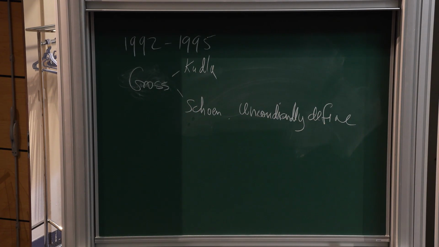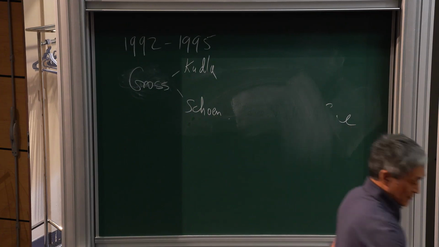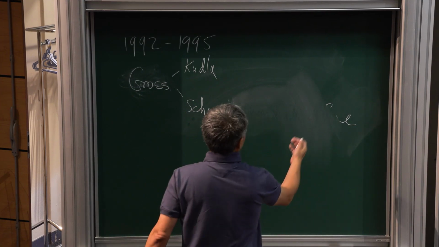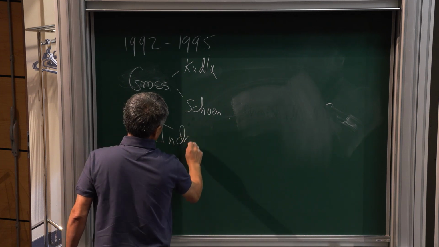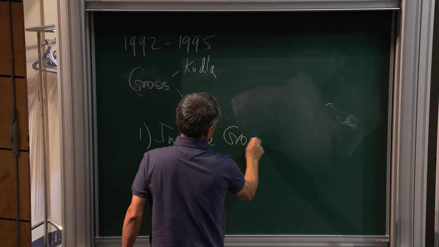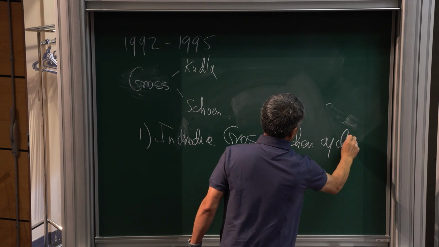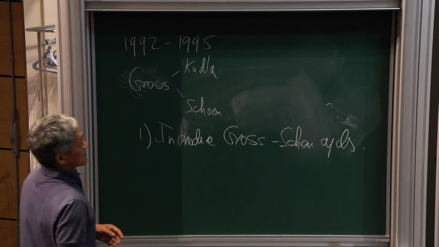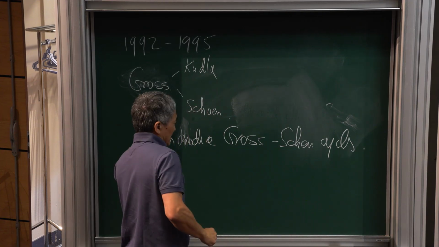Maybe I write slightly more. He gave a different version. He introduced the so-called Gross-Schoen cycle. The first thing is to introduce cycles very similar to this one, but defined on the triple product of a curve.